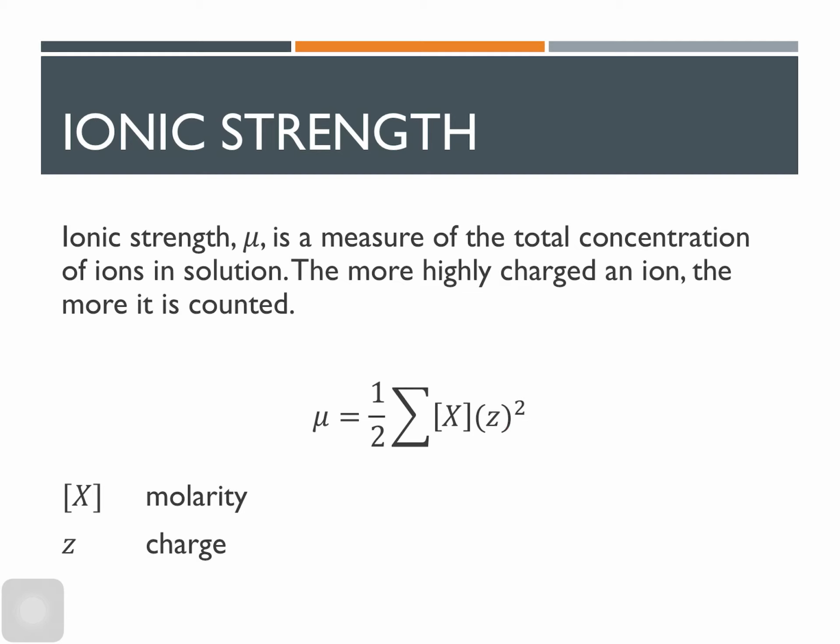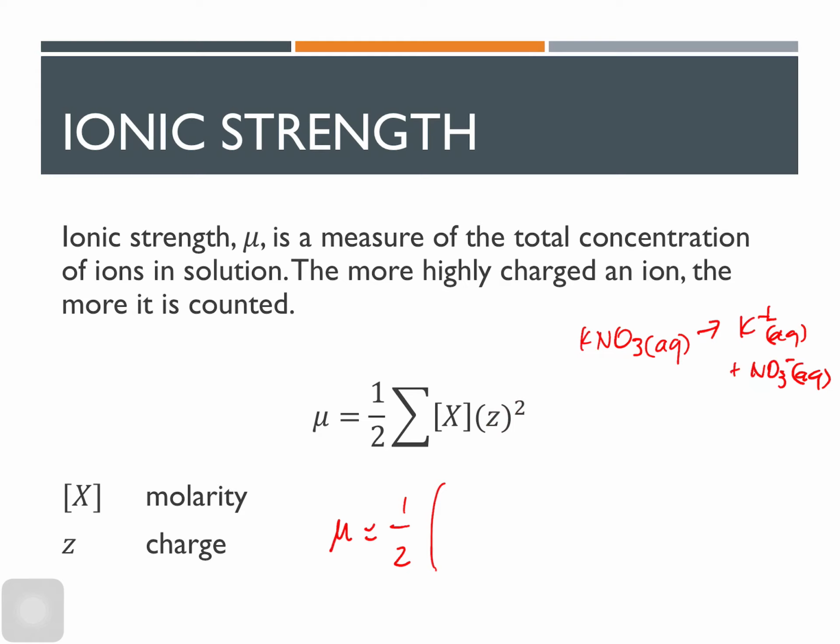So that means if we have, let's say, potassium nitrate solution that dissociates into potassium ion and nitrate ions, the expression for ionic strength becomes 1/2 the sum of the products of the concentration of your ions and their charges.